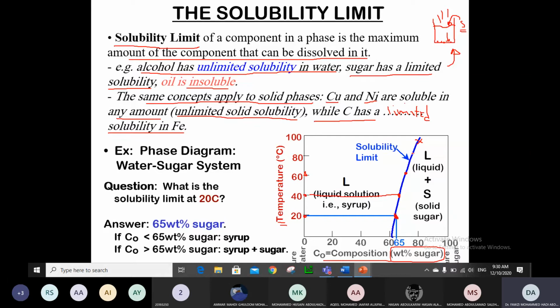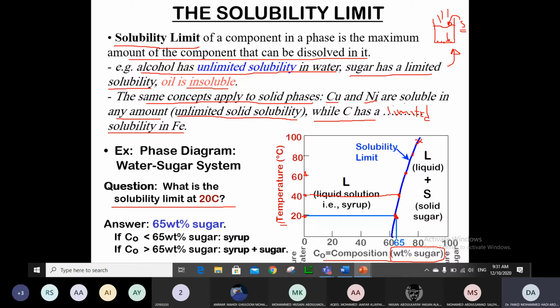So we will do it for different points. The more points that you do, the better the accuracy of the solubility limit, and then you join these points together. This is how you get the solubility limit for the phase diagram. So you could be asked, what is the solubility limit for the sugar water system at 20 degrees centigrade or at 30 degrees centigrade?